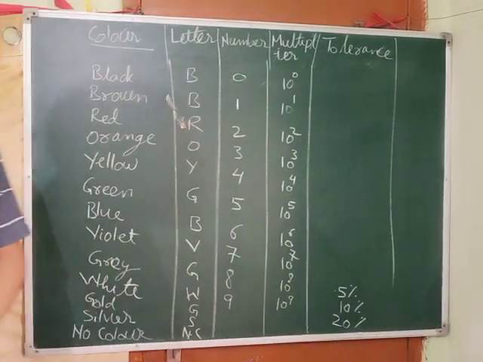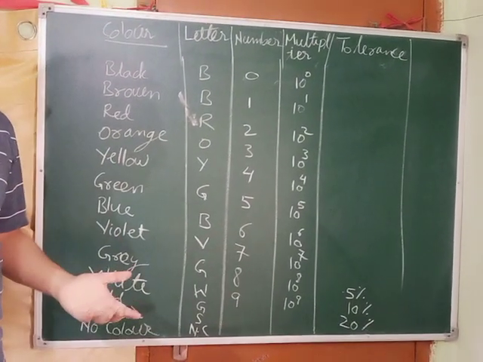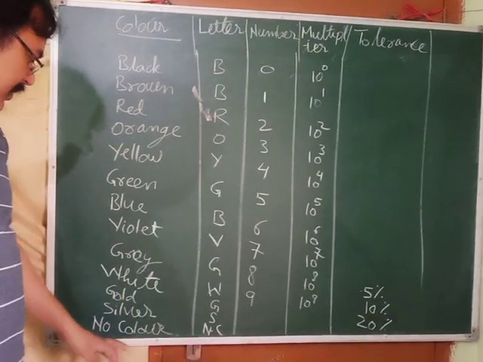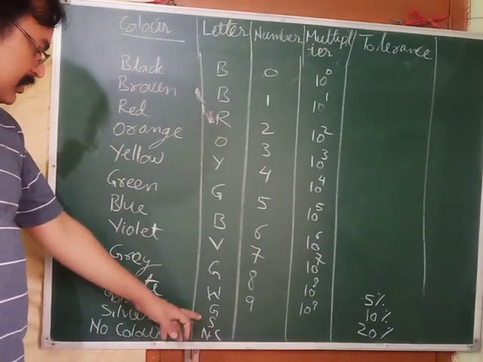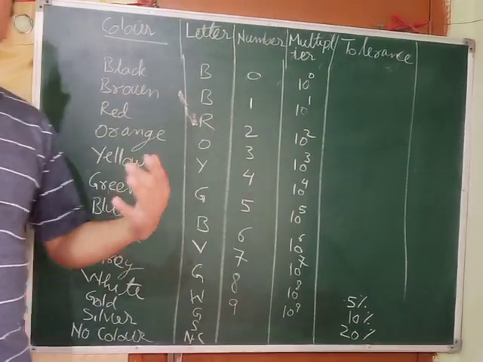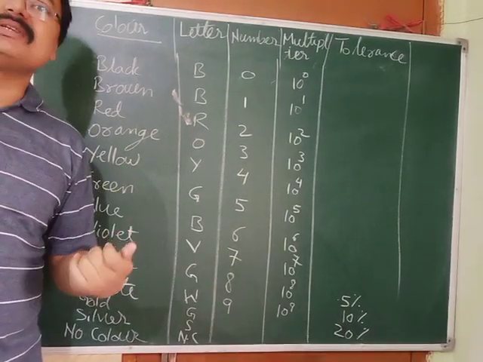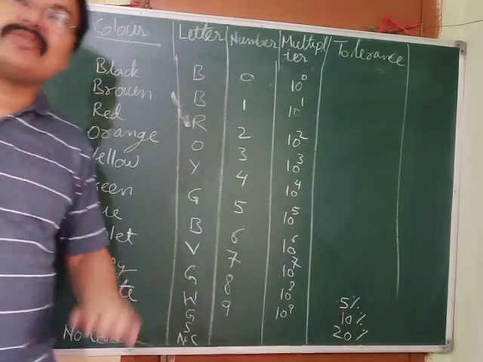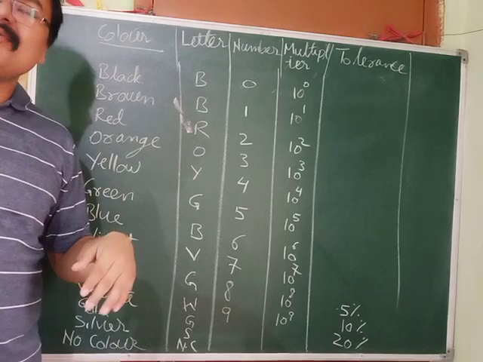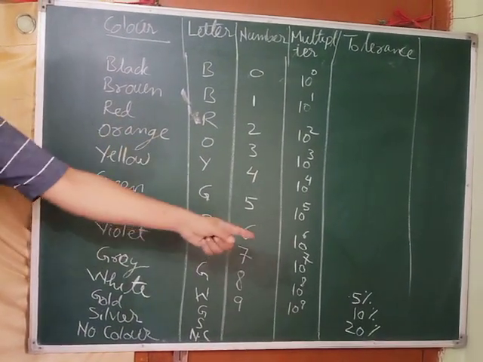See what tolerance means. Suppose a resistance of 100 ohm has a lining of gold, then it can work up to where a resistance of 105 ohm is required. That means 5% more or 5% less than that. 5% less than 100 is 95, 5% more is 105, so in that range it can work.